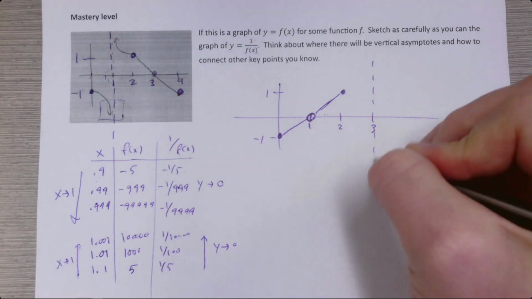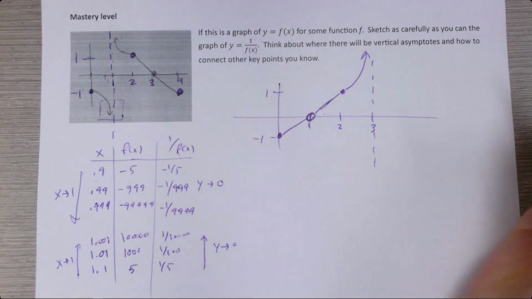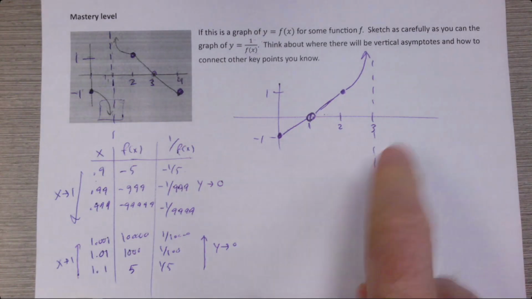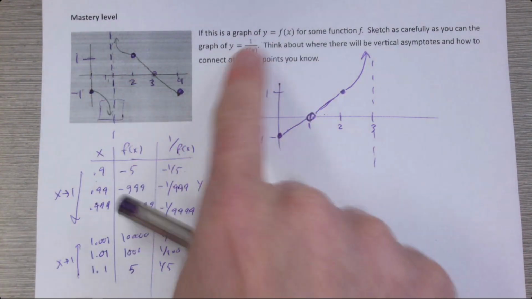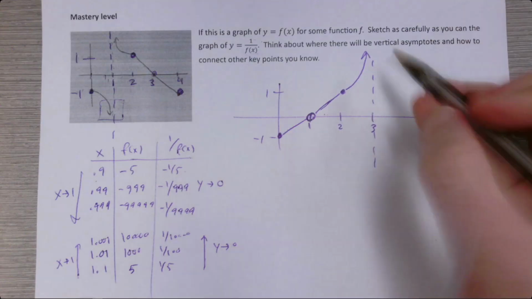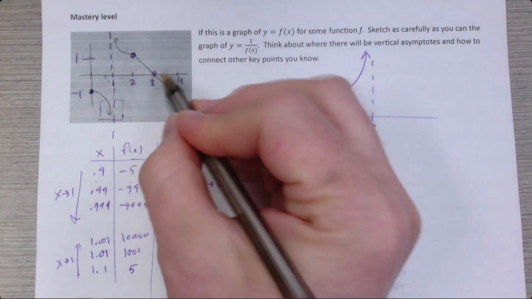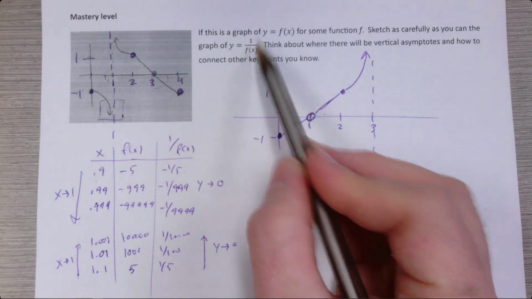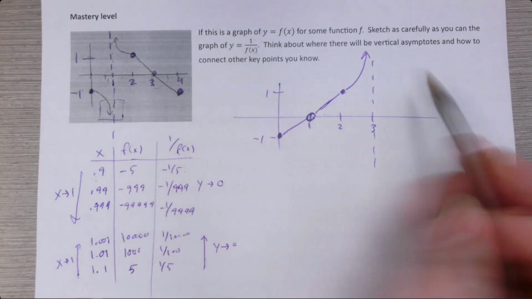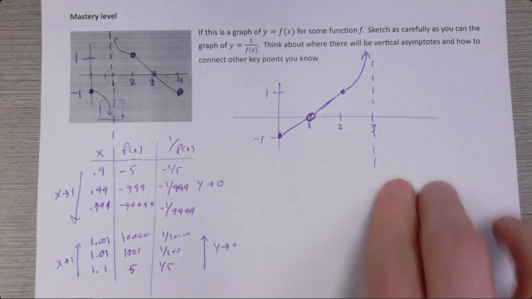So here, I'm going to have a vertical asymptote. And because all the y values here are positive, I know 1 divided by a positive number is positive. And so that's why I'm going up. On the other side here, all the y values are negative, so I'll be dividing 1 by a negative number, so the curve will be on the negative side.